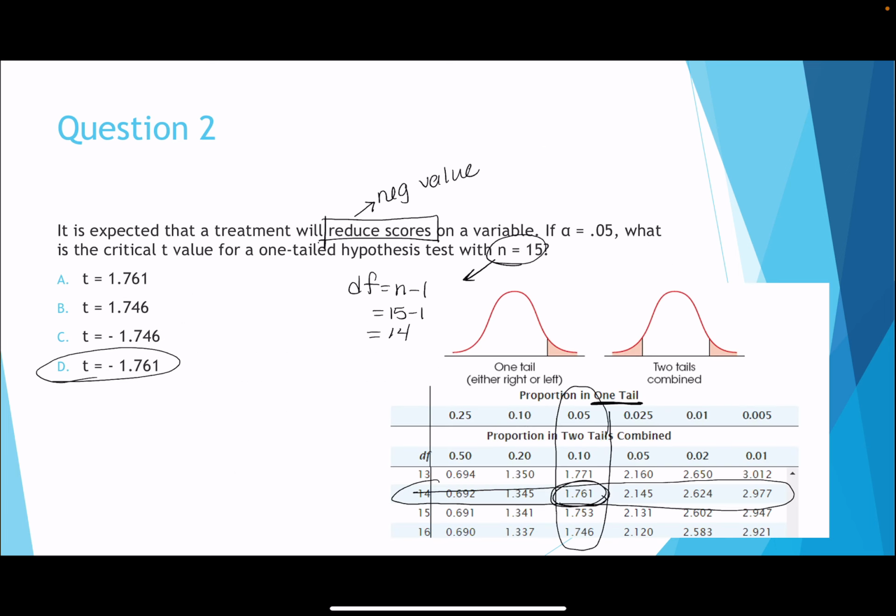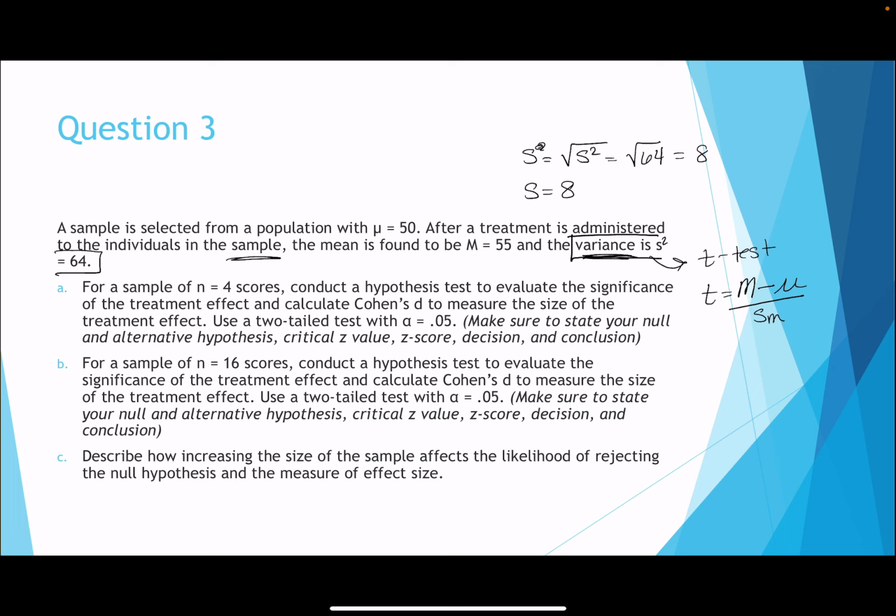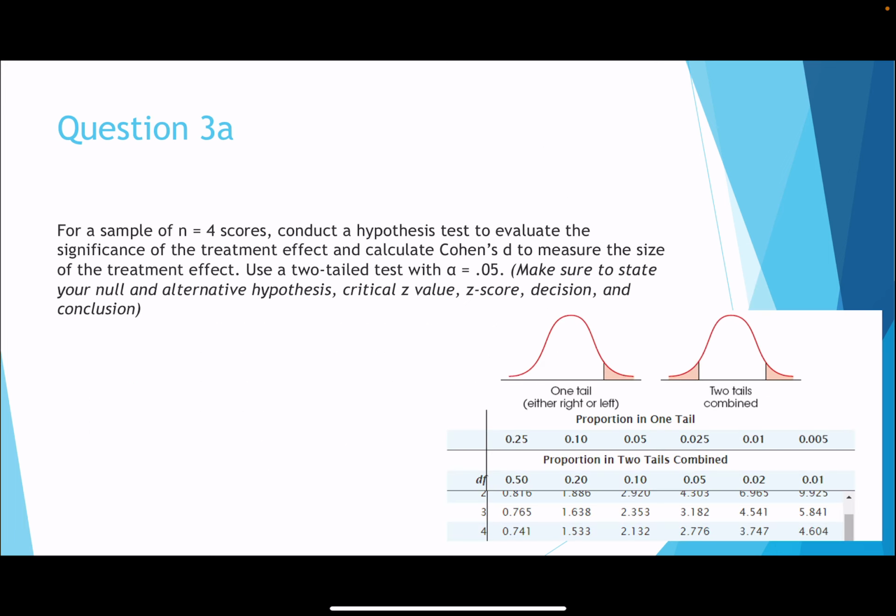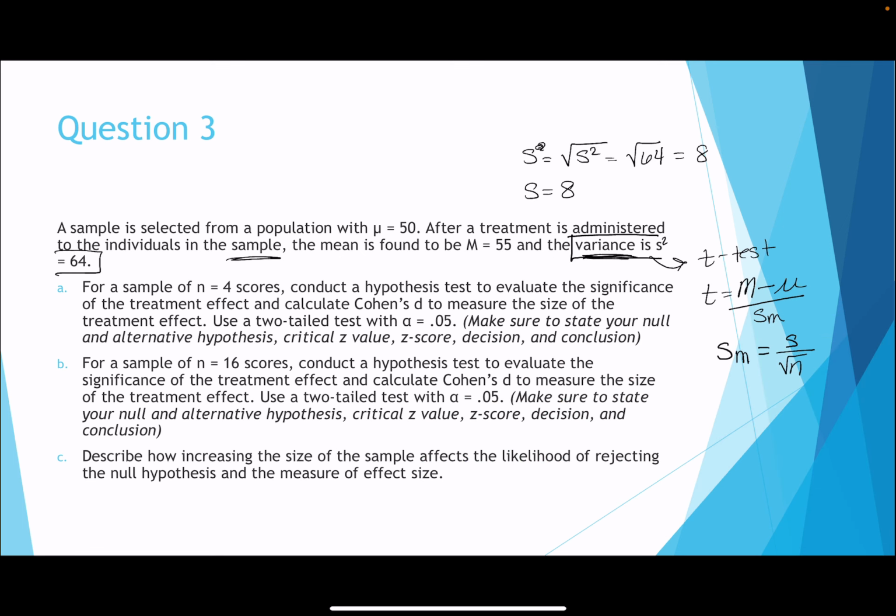And the estimated standard error is S divided by the square root of n. So your sample standard deviation divided by the square root of n. All right, so remember that when you're given the sample's standard deviation, you have to use the t-test.